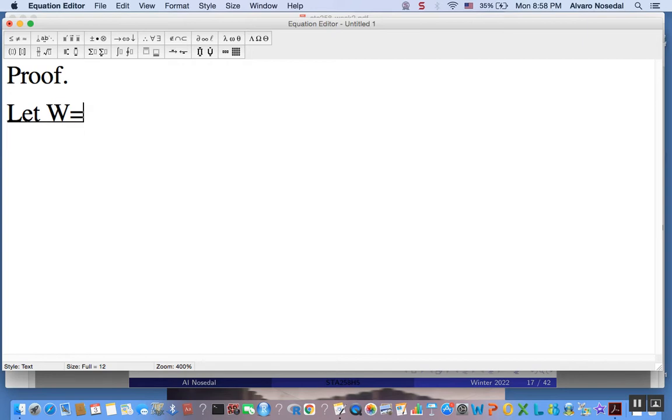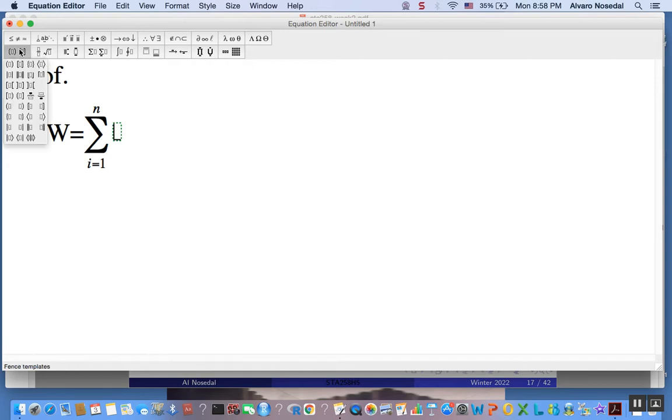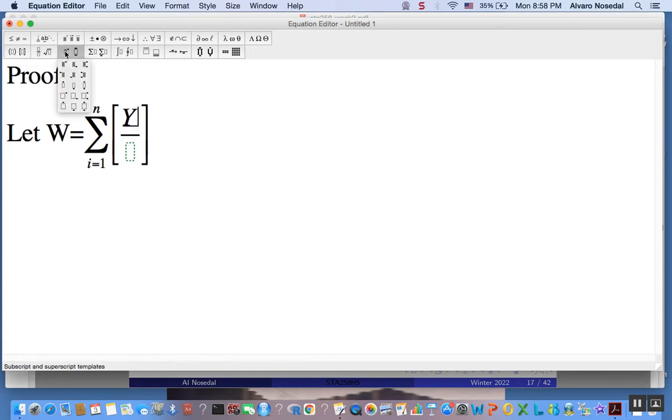We are going to introduce this quantity: the sum of i going from 1 up to n of yi minus its mean mu, divided by sigma.